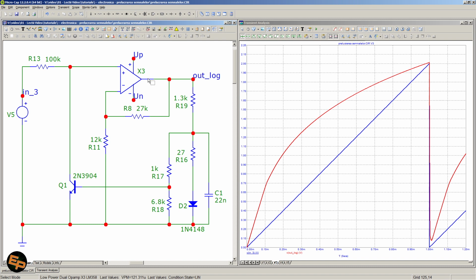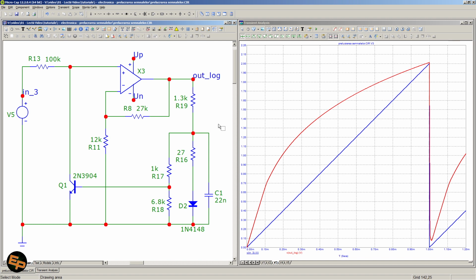I'm taking the output voltage and passing it through a couple of resistors into a diode, a rectifying diode. Okay. Some of these values were chosen arbitrarily initially, and then they have been adjusted by repeated simulations.